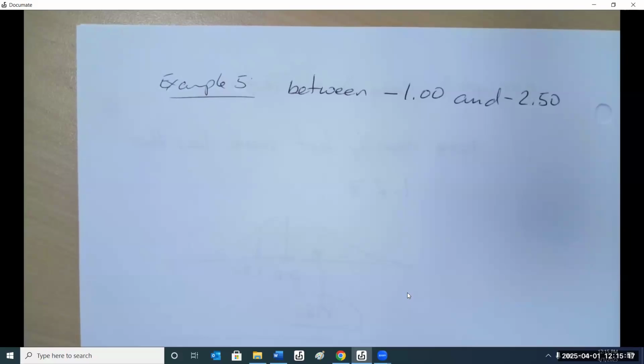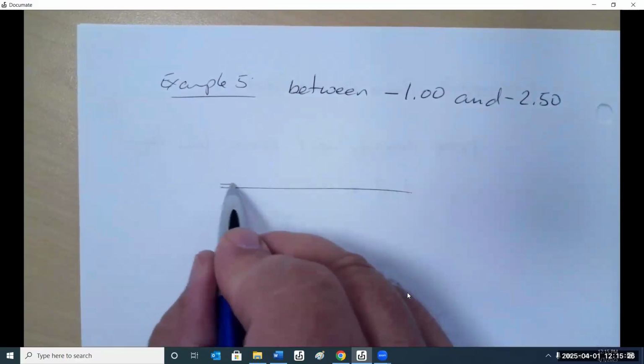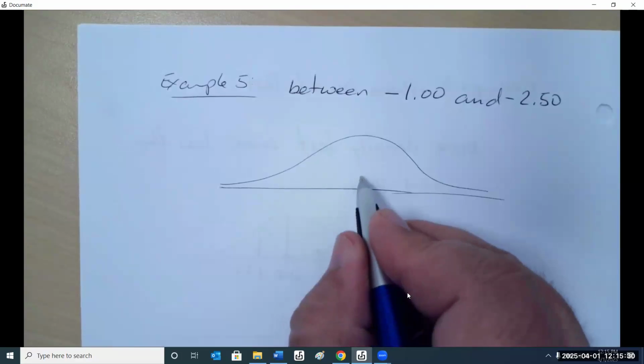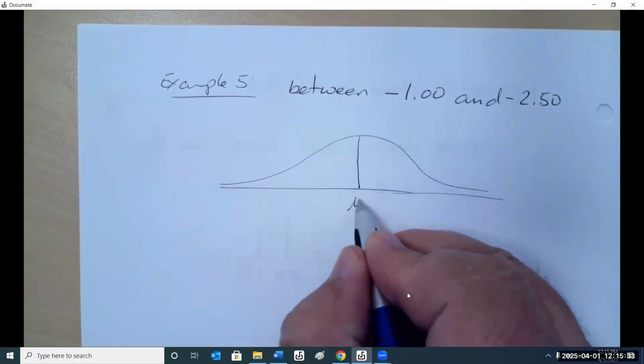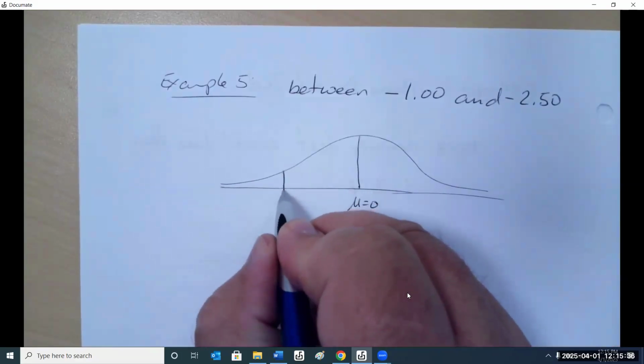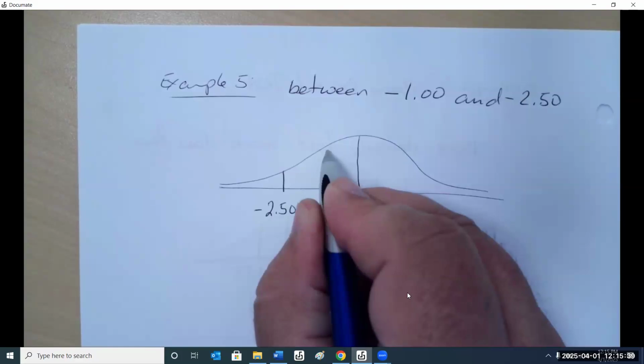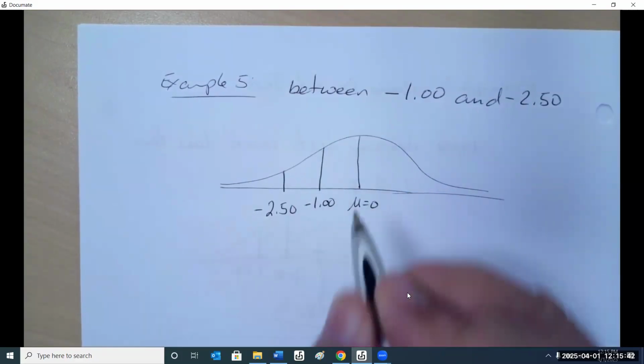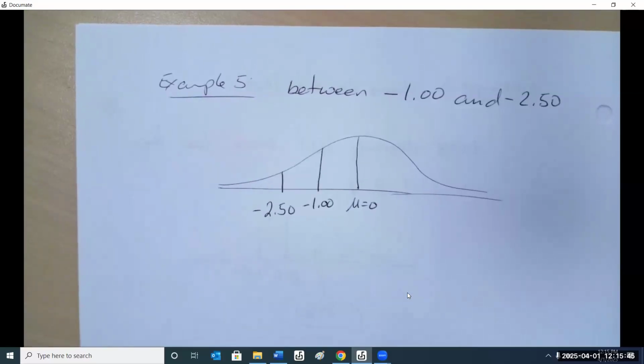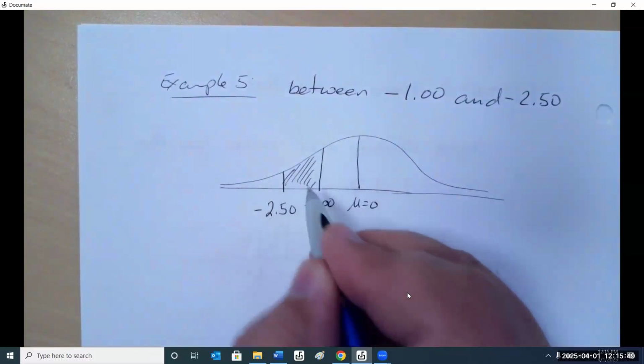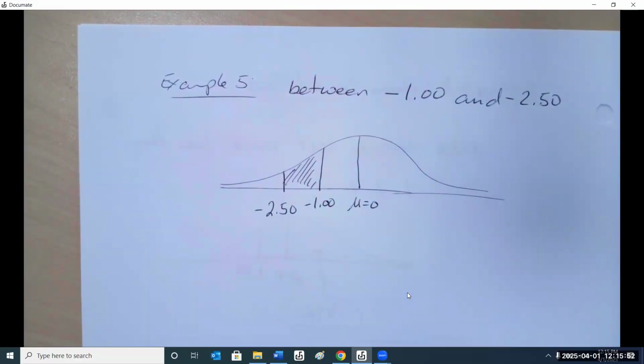Finished? We want between those, so we want that number there. So how do we find it?